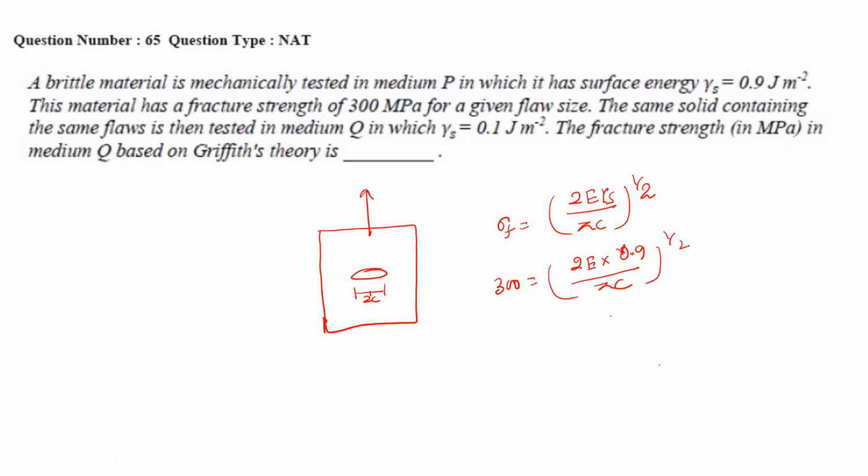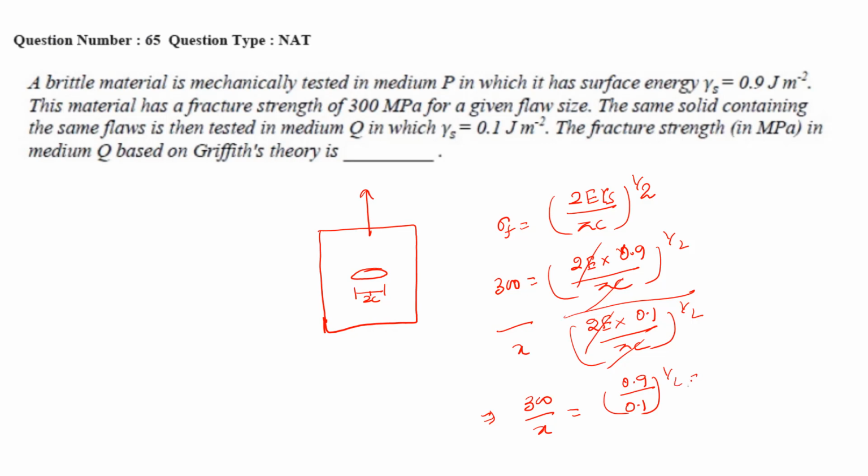In the second equation, we need to find the fracture strength. Let the fracture strength be x, and in the second case the elastic constant is the same, but only the medium is changing, with gamma equal to 0.1. So when we divide these two equations, 300 by x is equal to (0.9 by 0.1) to the power half, that means 9 to the power half, that means 3.